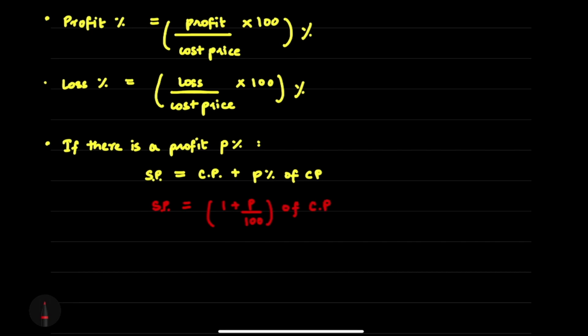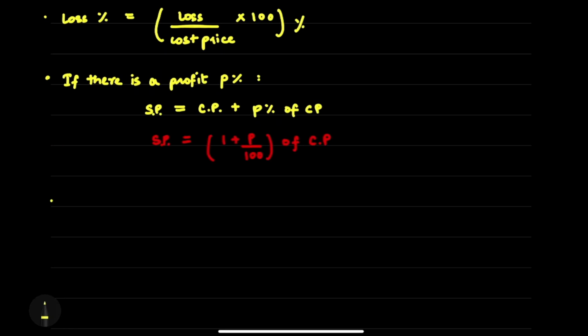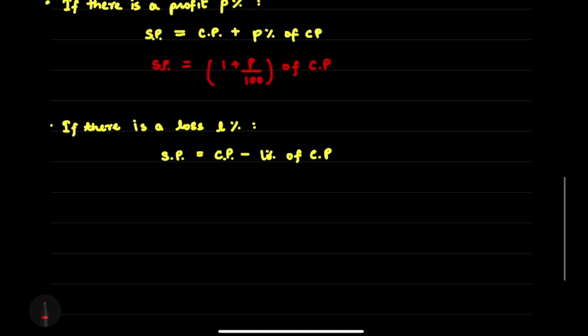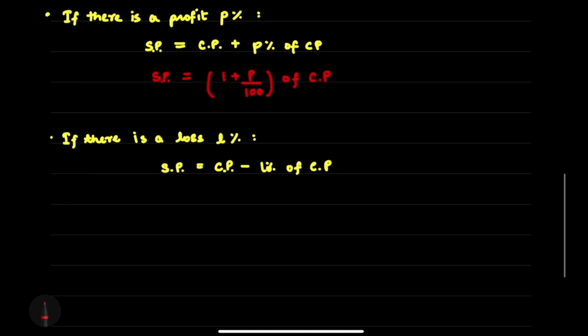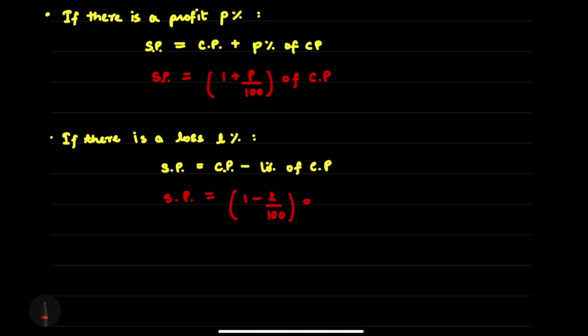That's a big rule of thumb. And similarly, if there is a loss percentage, say L percent, then SP would be CP, or cost price, minus loss percentage of CP. And if we write this as a rule of thumb, that would be SP equal to (1 minus loss over 100) of CP.